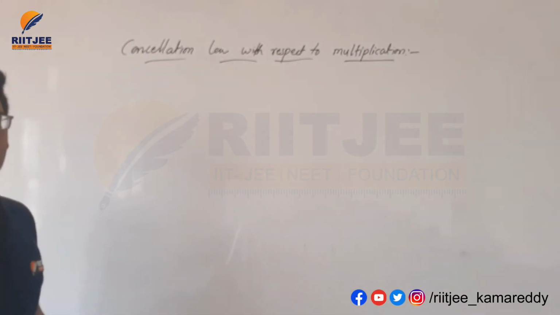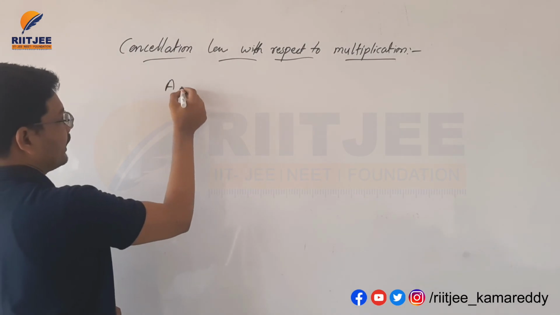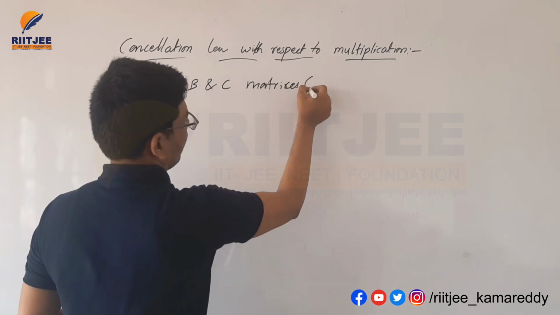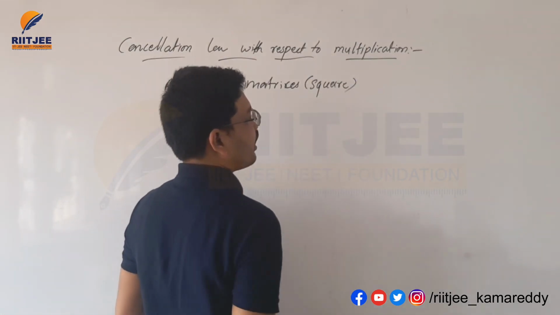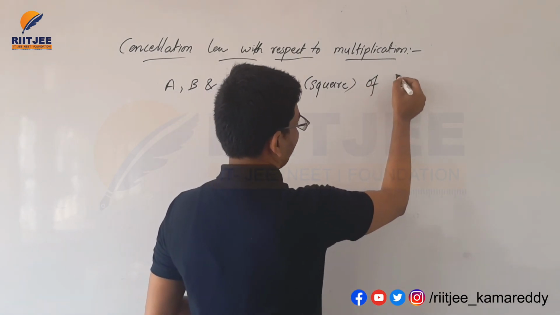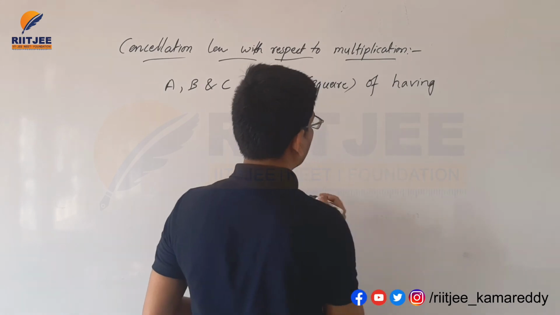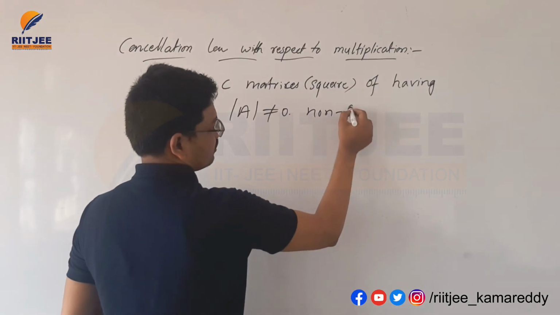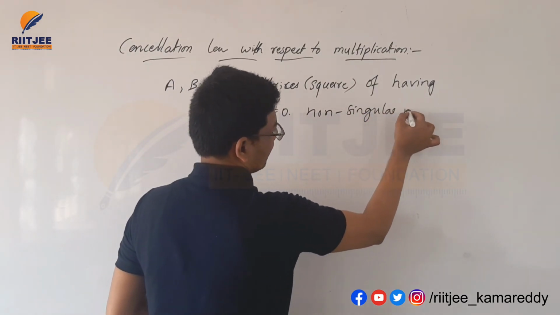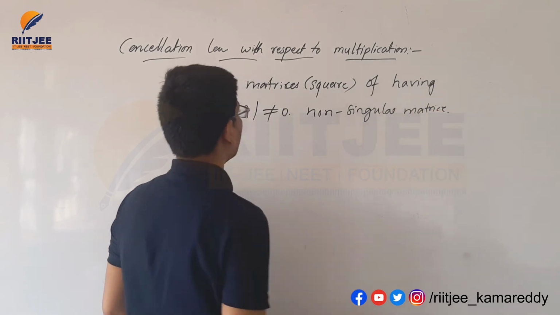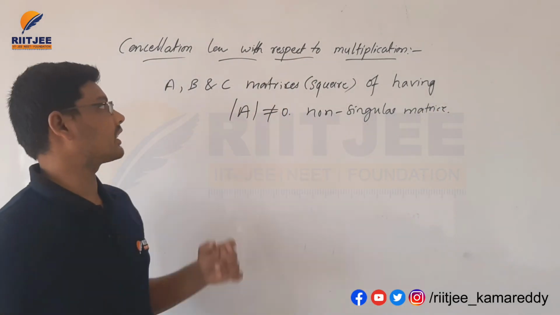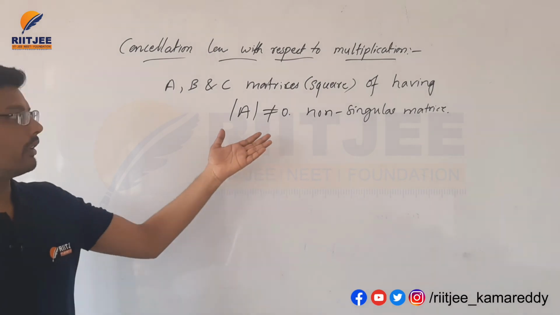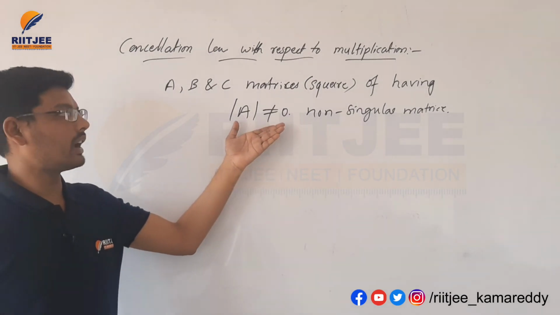Here I am taking A, B and C as square matrices having determinant not equal to 0, that is, non-singular matrices.